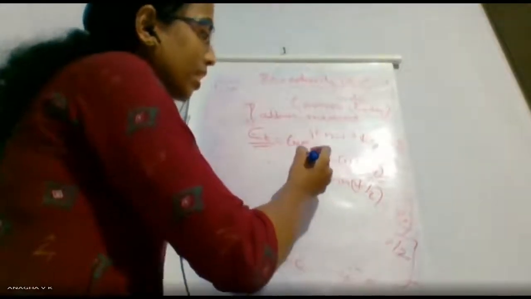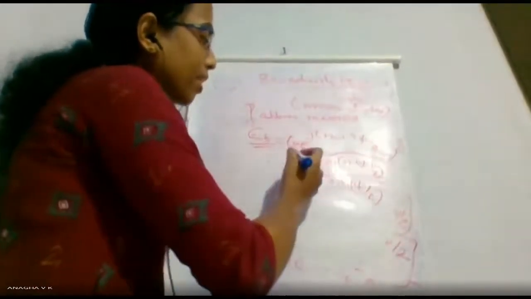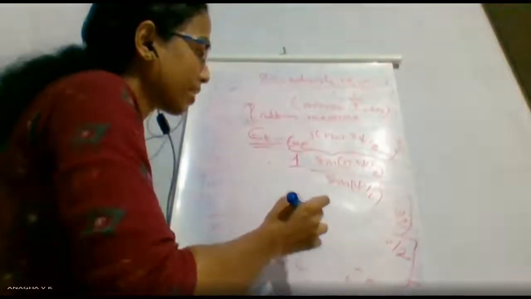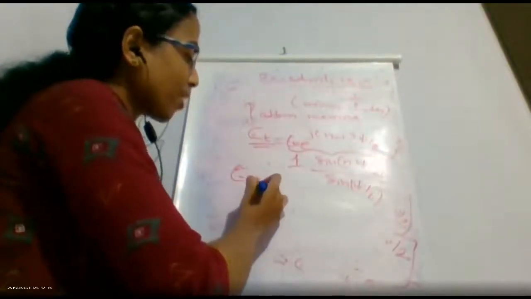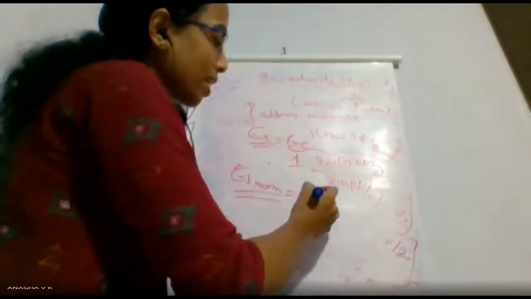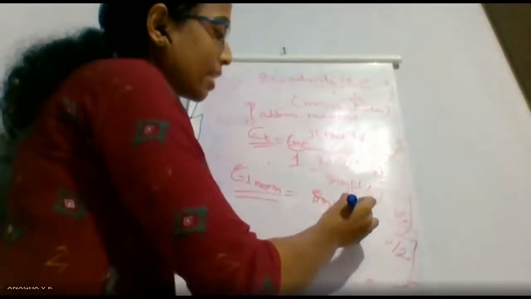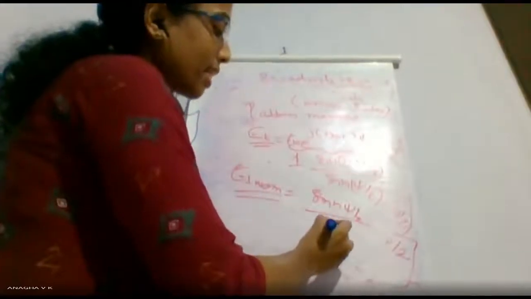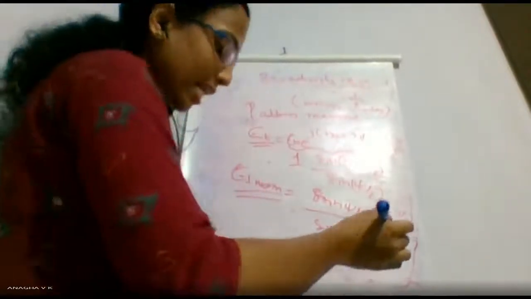Here the exponential term is maximum, which means 1. So ET norm, the normalized value, is nothing but sin(N psi by 2) by sin(psi by 2).